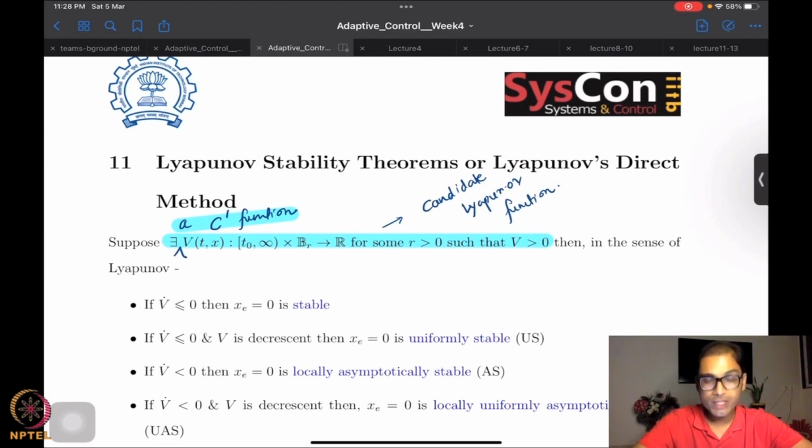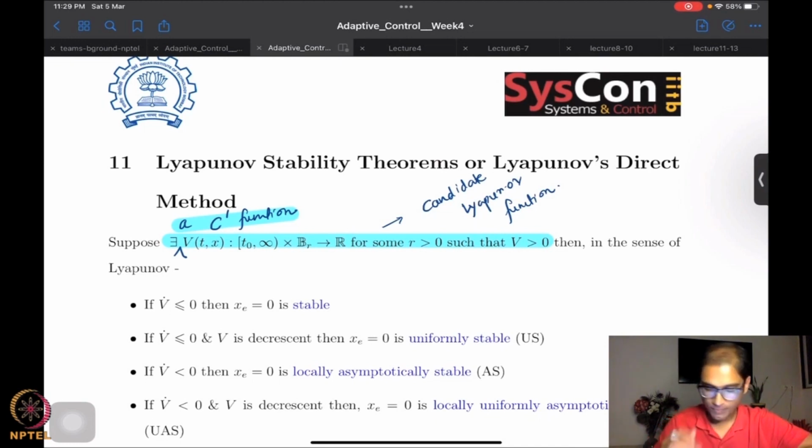Without the advent of these, it would definitely have been impossible to prove stability of nonlinear systems such as these rovers on Mars, quadrotors, drones, electrical power grids, and so many other networks of oscillators and things like that. So these are very, very critical and fundamental results.